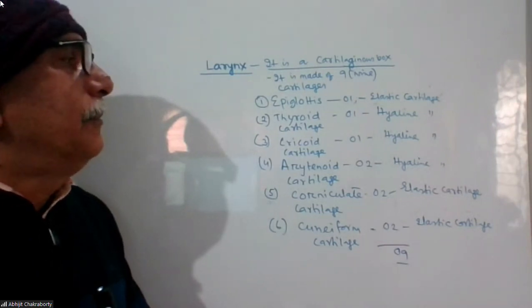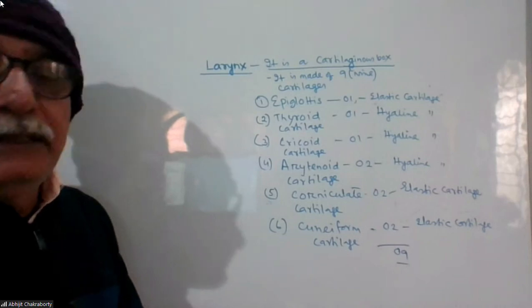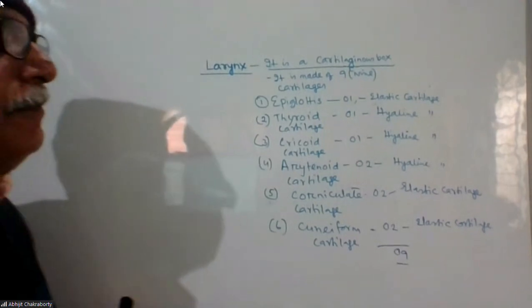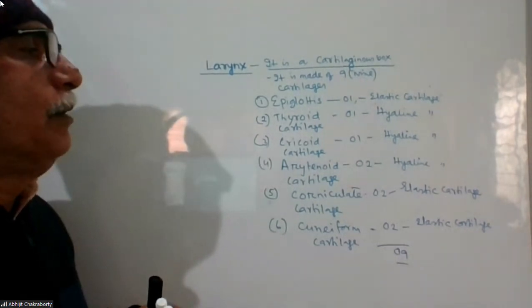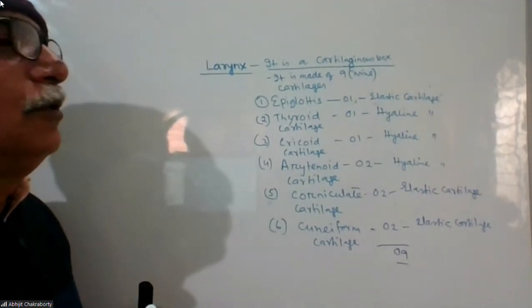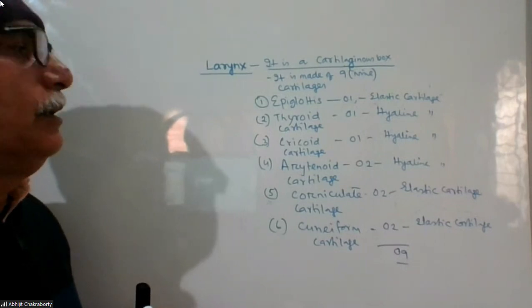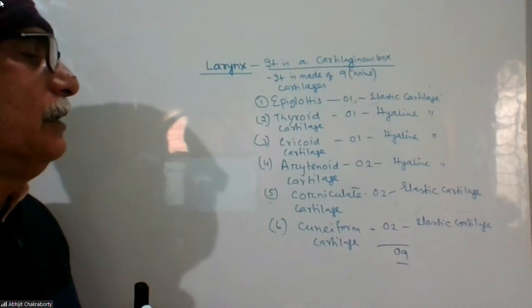Is it clear now? Epiglottis, the first cartilage, the role of which is to close the glottis during swallowing to check the entry of food into it. Thyroid, cricoid.